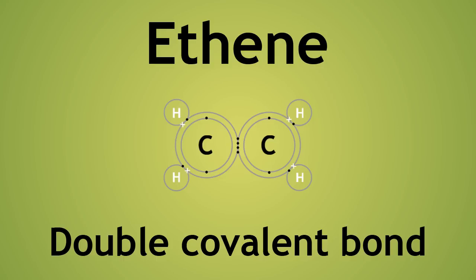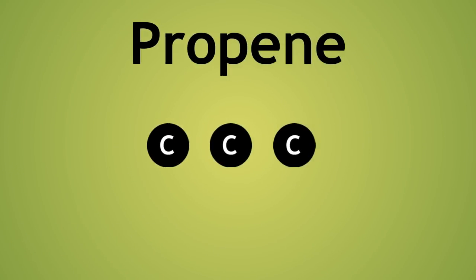You are only likely to come across alkene molecules with just 1 double bond, although there can be more within a molecule. The next molecule in the series is propene. As before, there is a double covalent bond between 2 of the carbon atoms, but the other is just a single bond.